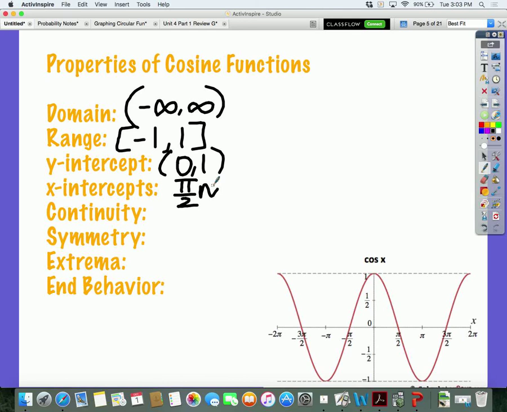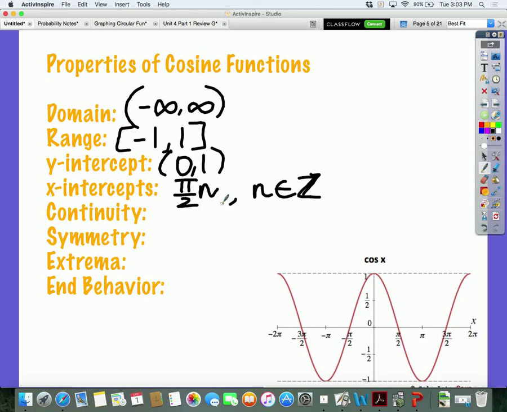So it would just be x equals pi over 2 n, where n is an element of the integers. But yeah, you're right on about that pi over 2 n. Does everybody see that? Every pi over 2, you have an x-intercept.